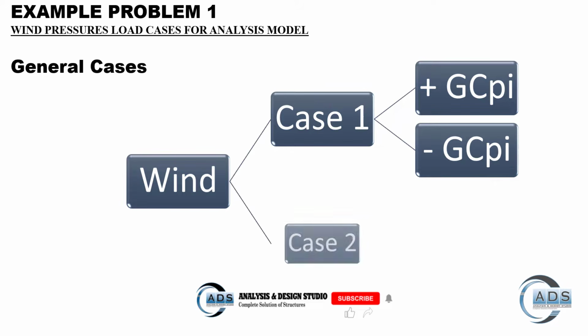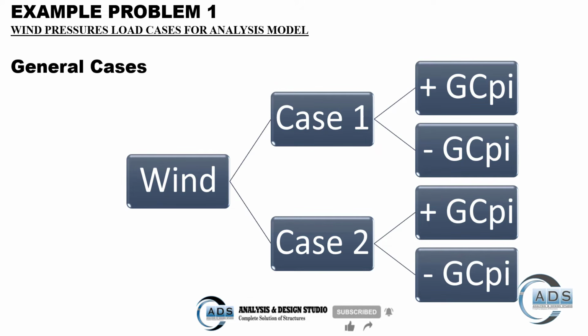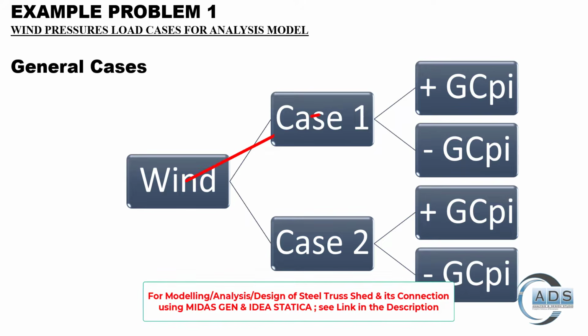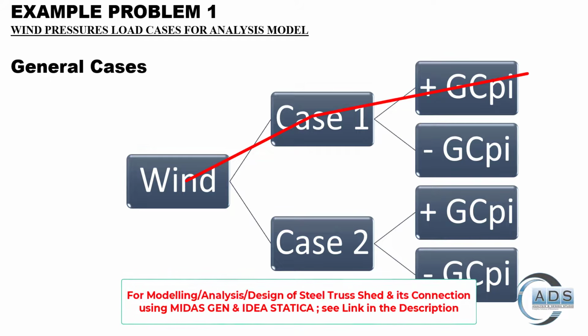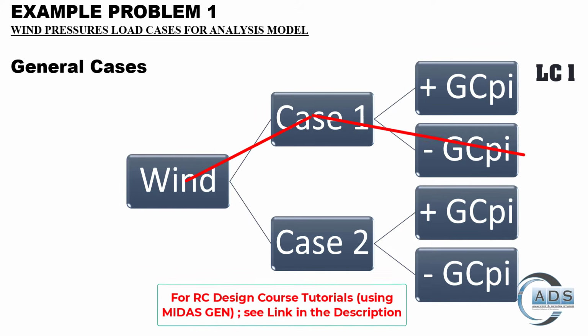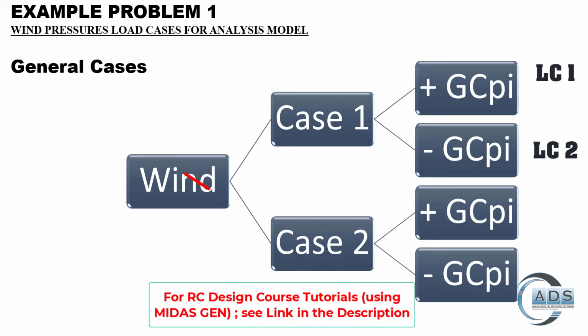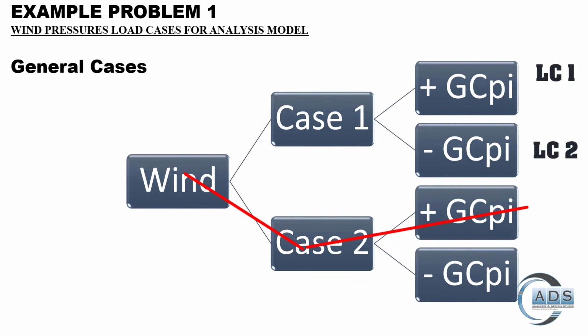Similarly, case 2 has positive GCpi and negative GCpi. For a particular wind direction, how many cases? Wind case 1 with positive GCpi is load case 1, and wind case 1 with negative GCpi is load case 2. Similarly, wind case 2 with positive GCpi is load case 3, and wind case 2 with negative GCpi is load case 4.